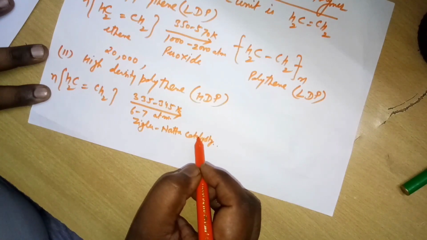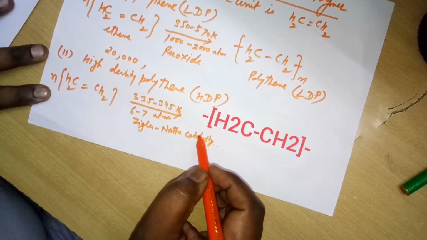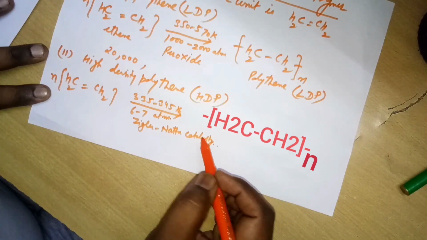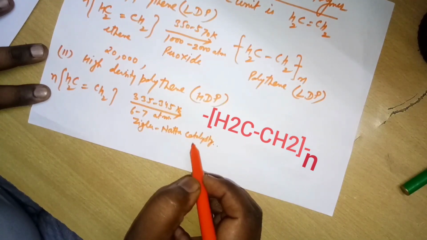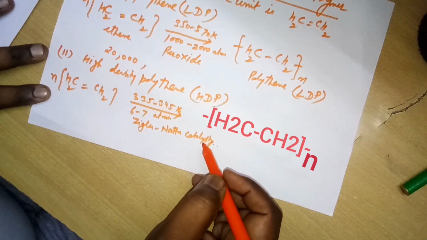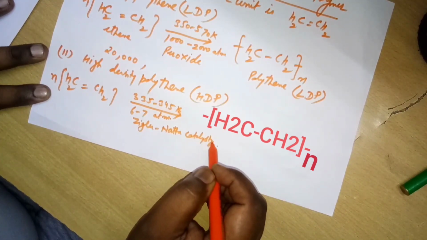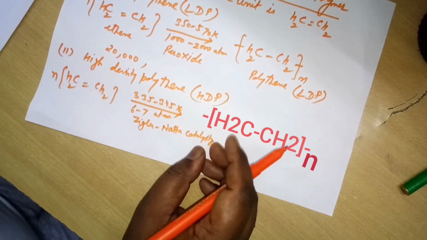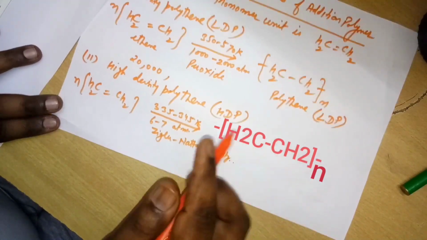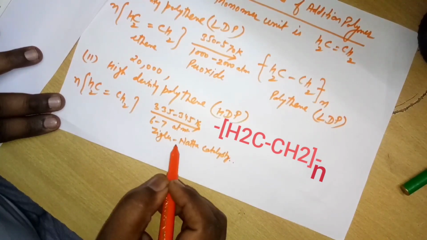Ziegler-Natta catalyst consists of trimethyl aluminium and titanium trichloride. This type of polymer has high density.